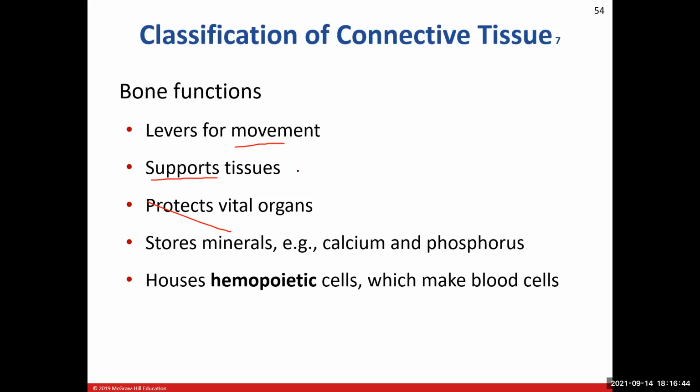And then we'll also see it, especially for our skull and rib cage and whatnot, how it will protect some of the vital organs that reside inside. And then finally, okay, we also use it as a storage site for calcium and phosphorus. Phosphorus is important for energy production, for example, ATP.